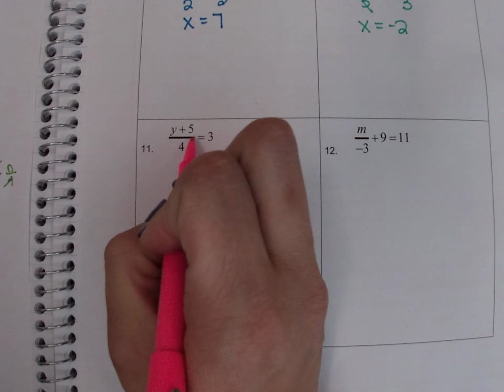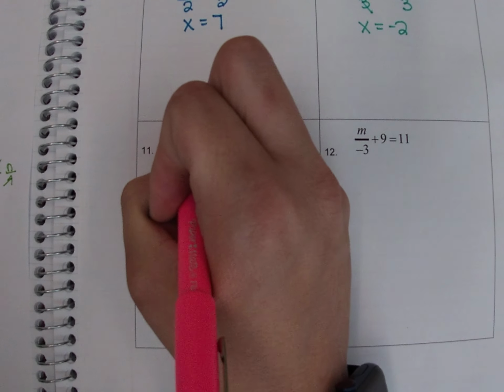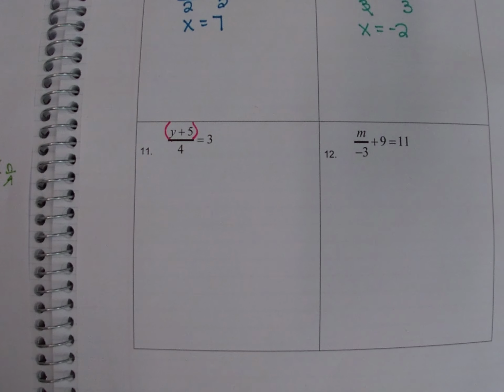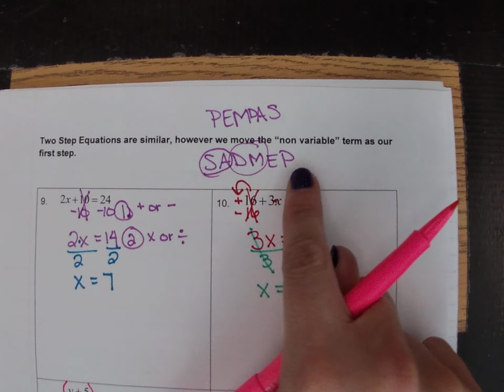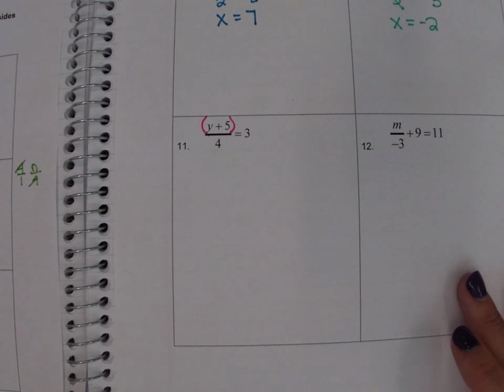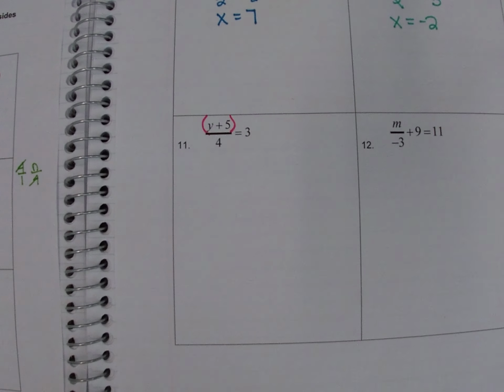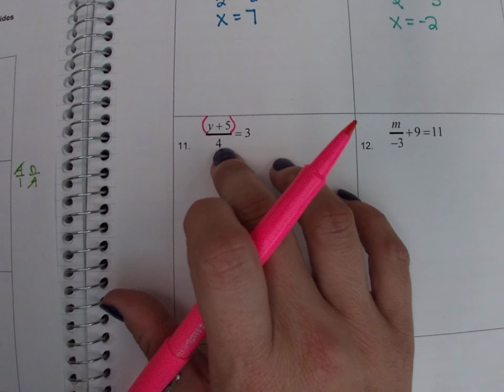This fraction has more than one thing sitting on top of it, which means this stuff is really held in parentheses. And if we're doing SADMEP, parentheses now come last, which means this y plus 5 are stuck together by parentheses, so I need to move this 4 first.